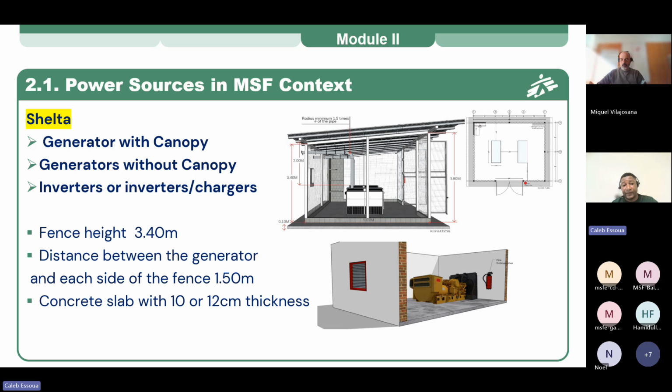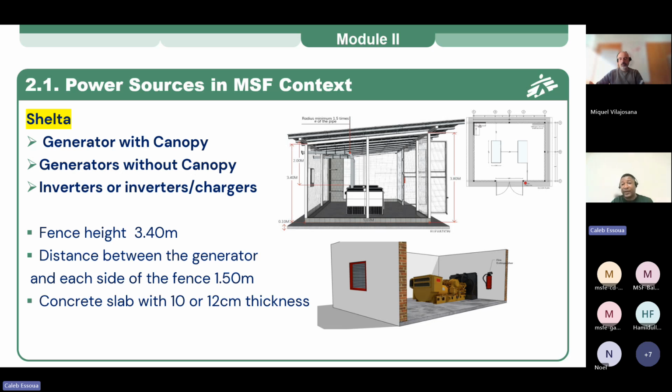For the generator that doesn't have a canopy, if you see my screen, they put them inside. But before putting them inside, you have to make sure that you open the wall to the same size as the radiator, so that the heat is generated outside, not inside. You remember I said the temperature can affect the performance of the generator.